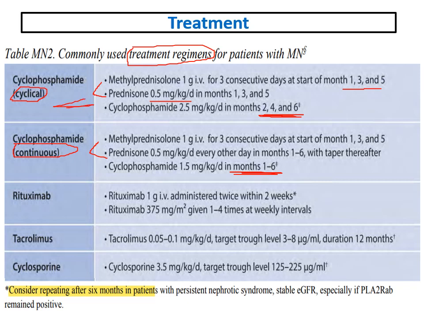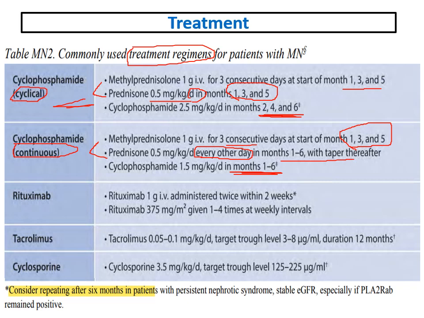Or we can give methylprednisolone 1 gram for 3 consecutive days at months 1, 3, and 5, followed by prednisolone 0.5 mg per kg every other day in the whole period. Here we give it daily in months 1, 3, and 5; here we give it every other day in the whole 6 months. This is in the continuous group, months 1 to 6, and tapering after.